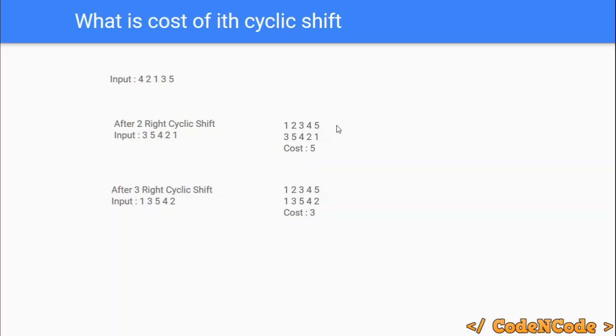So in big O of n time, we'll be able to count the cost of the first, second, third, fourth, fifth, sixth, nth cyclic shift. We'll be able to calculate it for every single i. So in the next lecture, we'll look at the technique of how we calculate the cost of the ith cyclic shift in big O of n time.